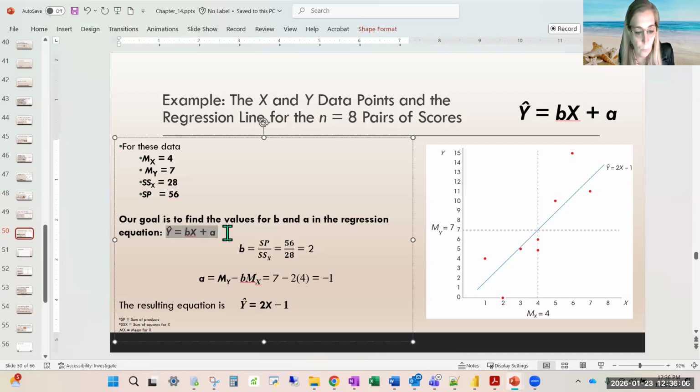So here's this regression equation, and to do so, we can plug in what we have found so far. We have the sum of products and the sum of squares, 56 and 28, and we find that the answer is 2. Okay, so B equals 2, rise, run.